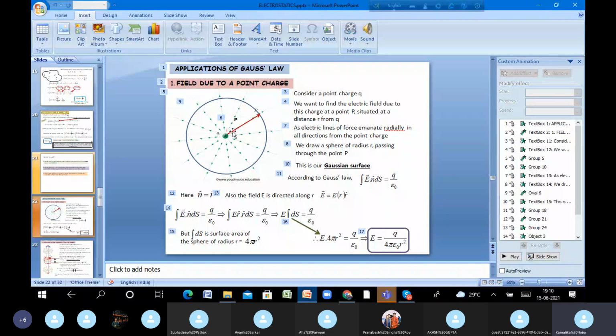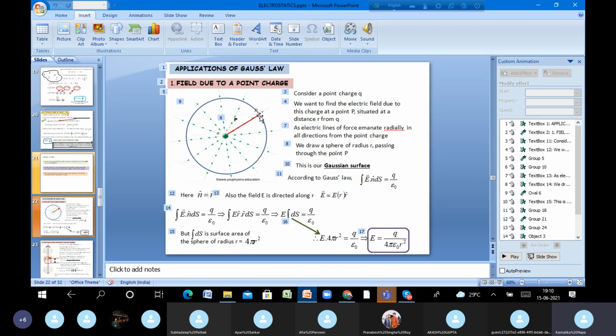For a point charge, all the field lines, the electric lines of force, are radially outwards, so the symmetry of this problem is spherical. Next step, we draw our imaginary surface, that is the Gaussian surface. In this case we draw a spherical surface with the charge at its center.